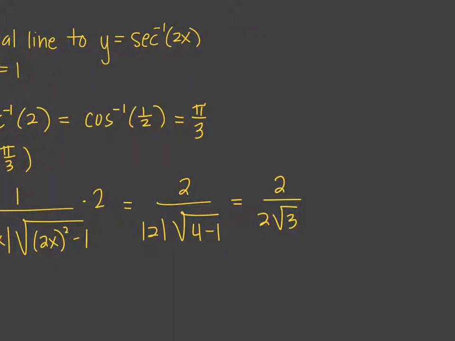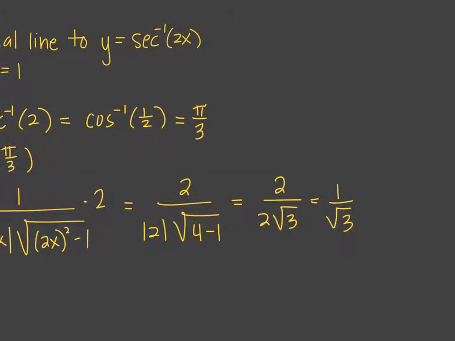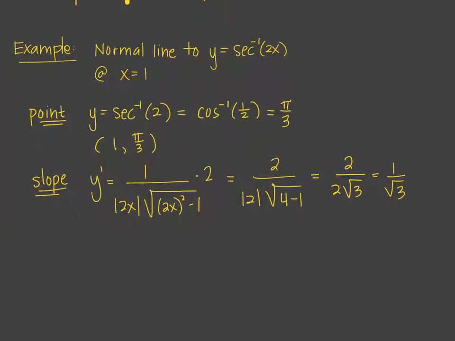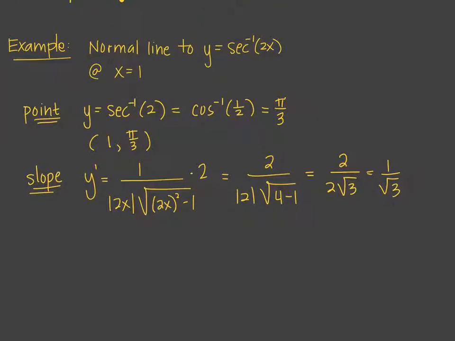So I end up with 1 over rad 3. No rationalizing needed, especially because I'm going to be making this normal. Okay, and the normal is going to take 1 over rad 3 and make it, what? Negative rad 3.